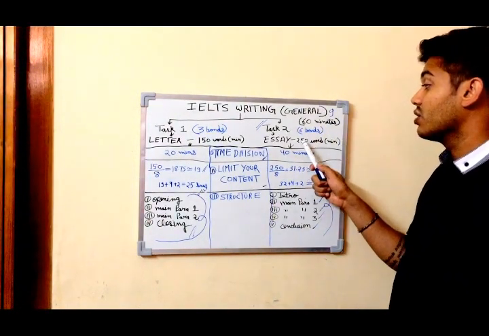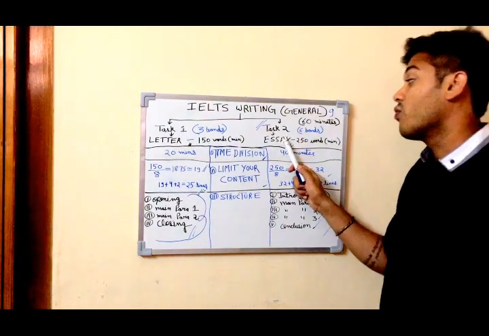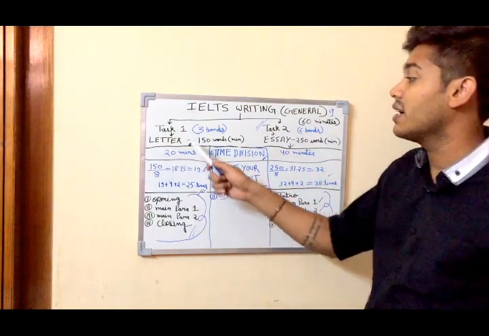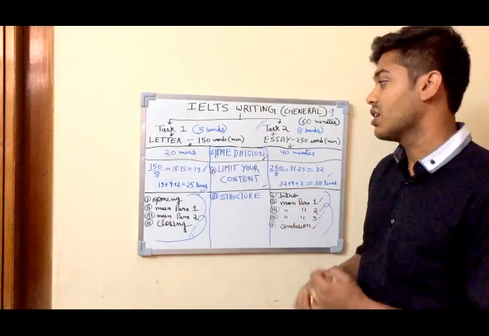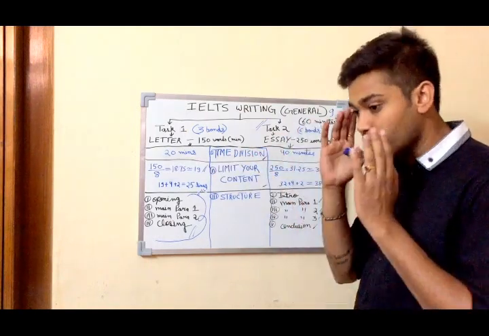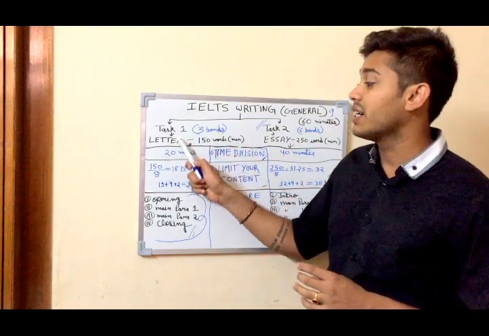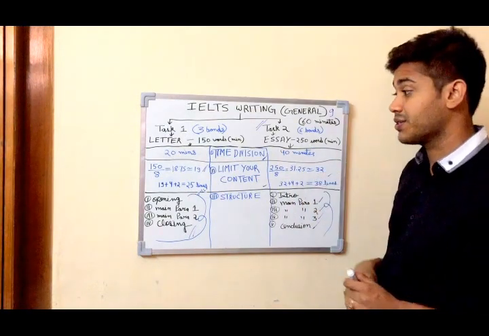As you can see here, you need to write more words also. So essay would be consuming 40 minutes and letter should consume 20 minutes. So this is what time division is. First you divide your time, you premeditate that you need to finish your letter in 20 minutes and your essay in 40 minutes.